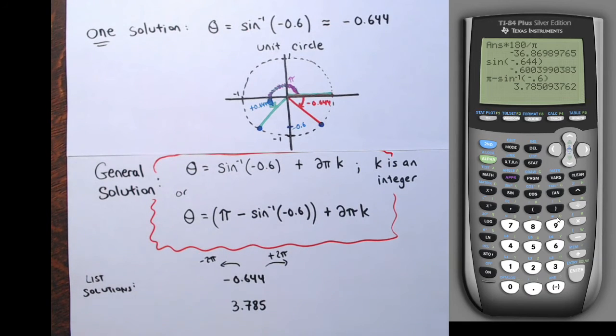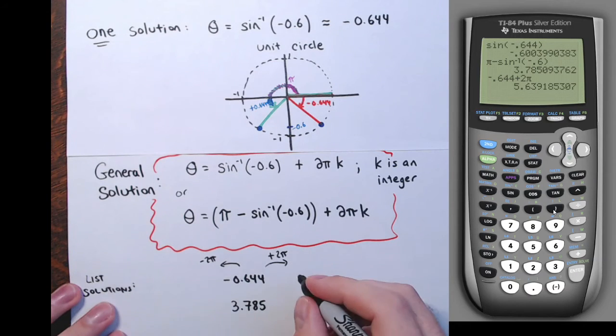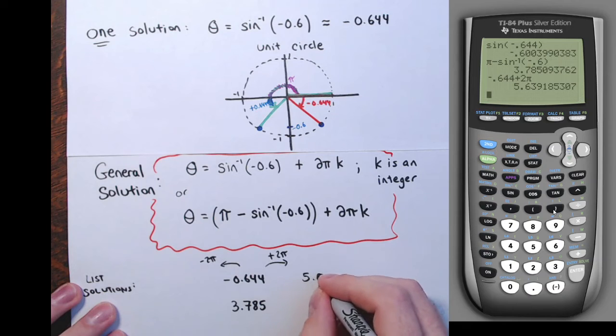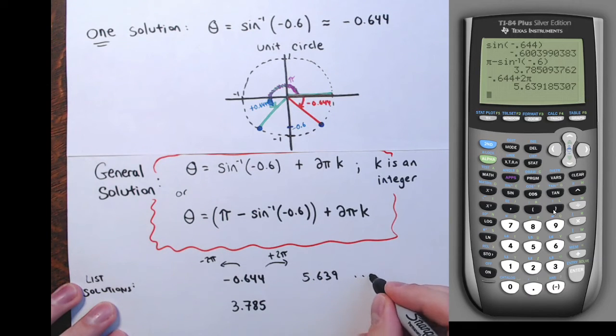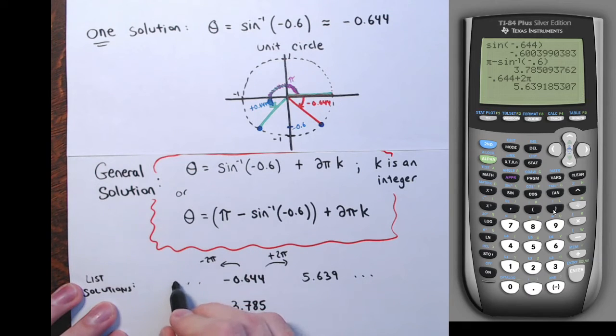So if I take negative 0.644 and just add 2 pi, I'd get another solution, about 5.639. So 5.639 would be another solution. And again, I can just keep adding 2 pi, get all sorts of solutions that way. Keep subtracting 2 pi, get all sorts of solutions that way.